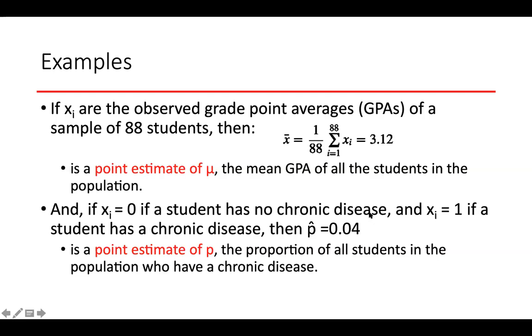If they have no chronic disease, they will say 0, no. If they have chronic disease, they will say yes, which is 1. So then I will find out the point estimate, which is called sample proportion, right? This is called sample proportion, which we did before.